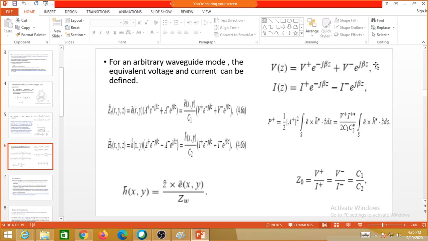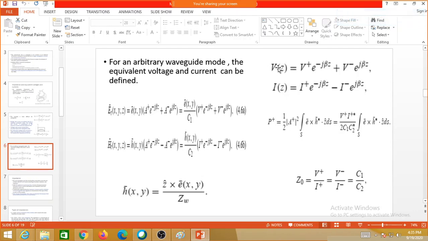From transmission line theory, you know that if the wave is traveling in the positive z direction, and if it is reflected back, this is the well known equation, V plus times e to the power minus j beta z. So these are the voltage and current equations.